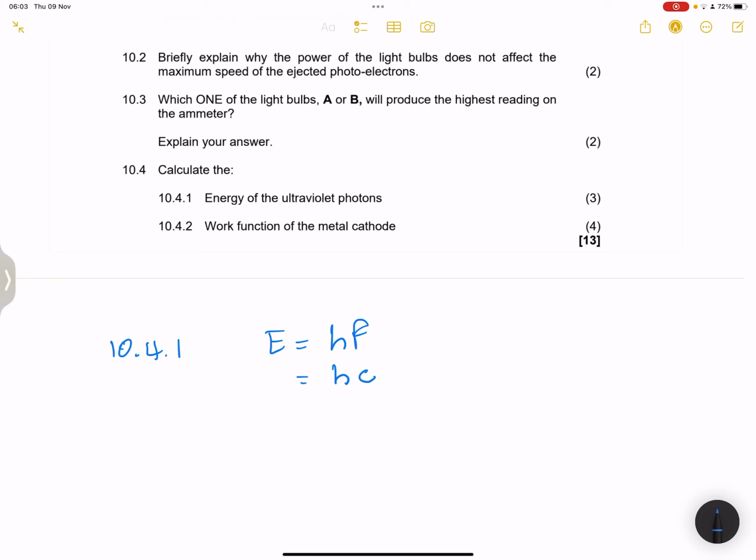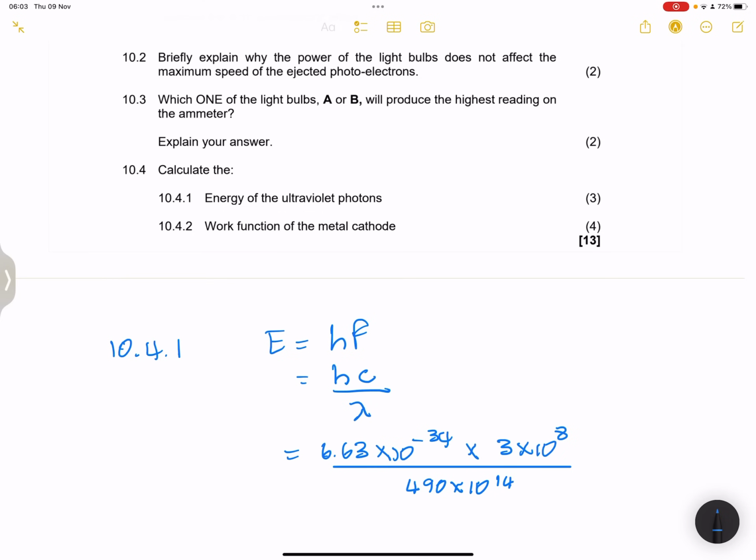So this is E = hc over lambda. h is Planck's constant, 6.63 times 10 to the power negative 34. The speed of light is 3 times 10 to the power 8. And our wavelength is 490 nanometers.